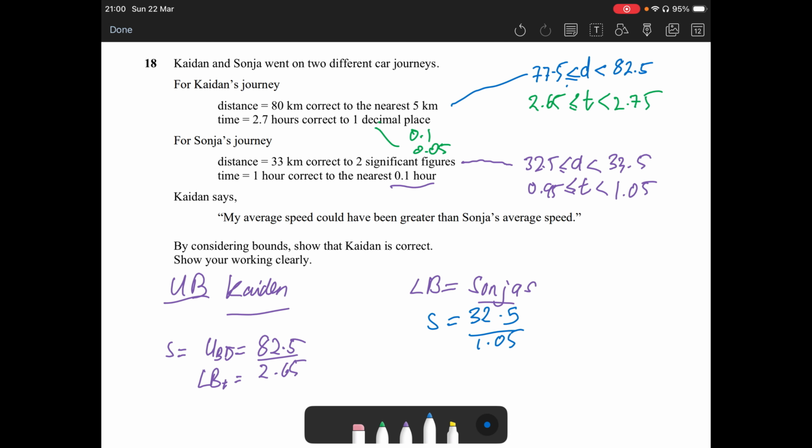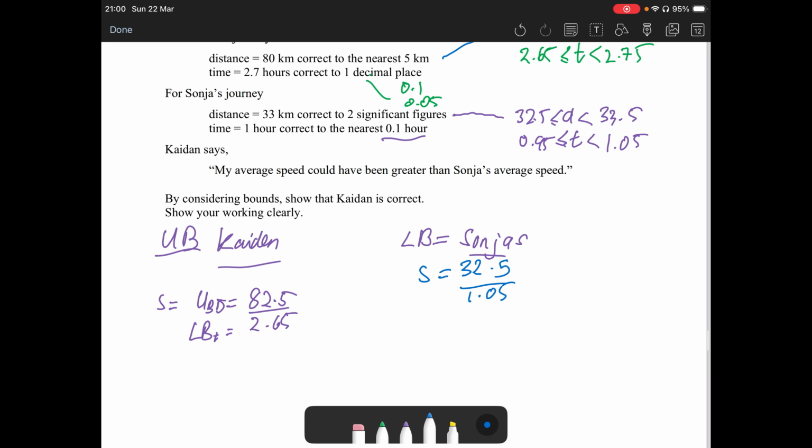Let's do a bit of calculator work now and work out, right, Caden, on a good day, basically, would have got, and we'll express as a decimal here because we are comparing, 31.13207547, versus Sonia, who is getting 30.95238095.